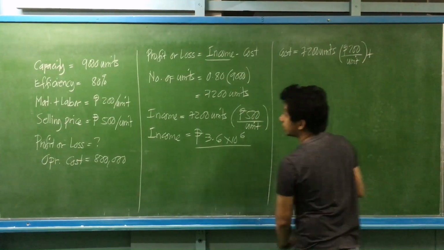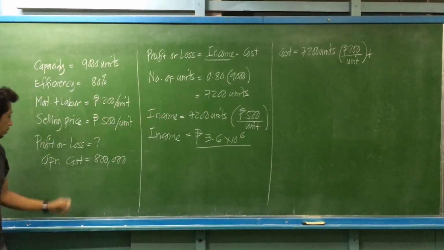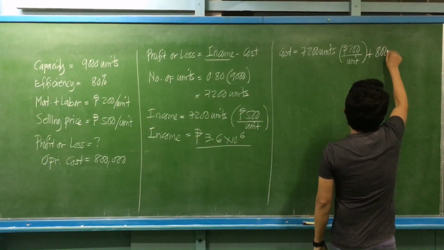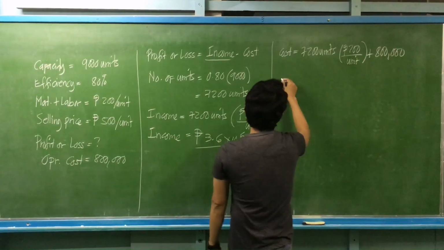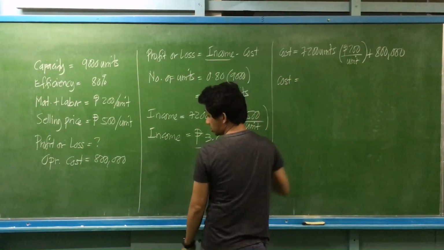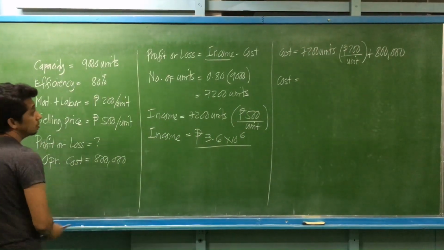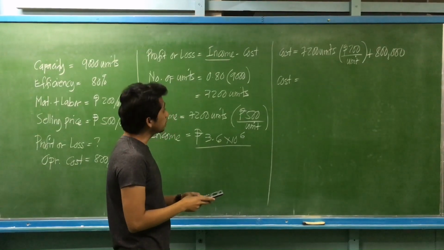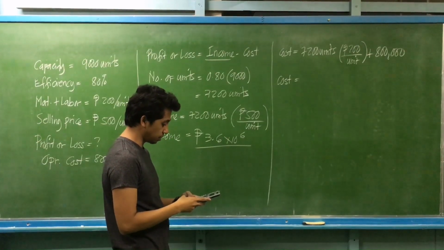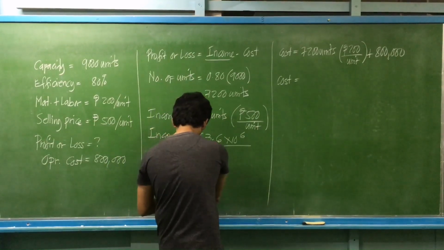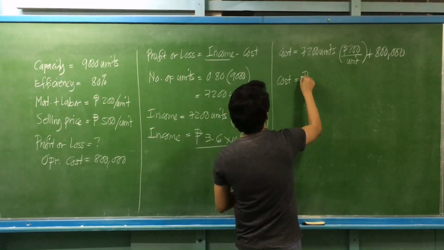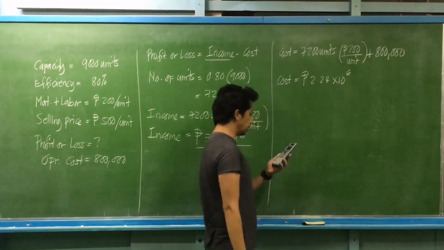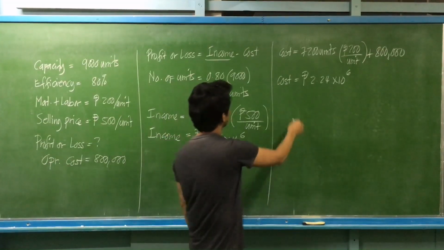Okay, plus, so other than the material and labor cost, meron tayong operational cost na 800,000. So this is plus 800,000. So kunin natin yung value. What is the total cost? So total cost of 7,200 multiplied by 200 plus 800,000. So a total cost of this is 2.24 million. That is 2,240,000. Yun naman yung total cost.